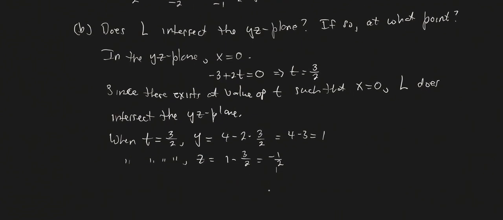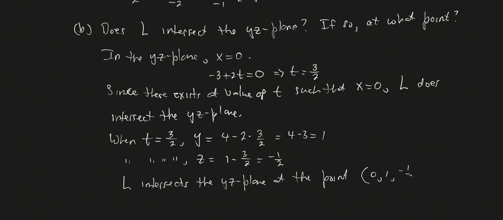So let's write that down. L intersects the YZ plane at the point, and then we write our ordered triple, (0, 1, -1/2), right?